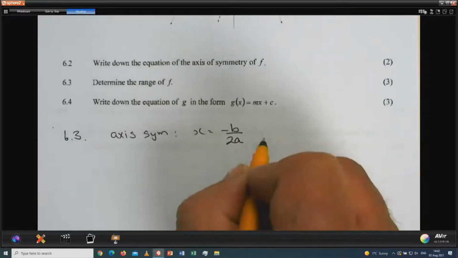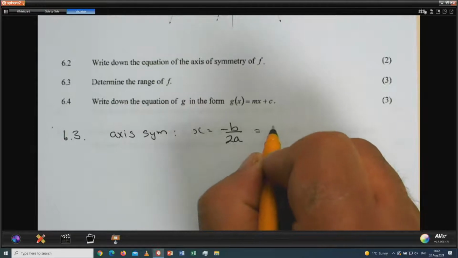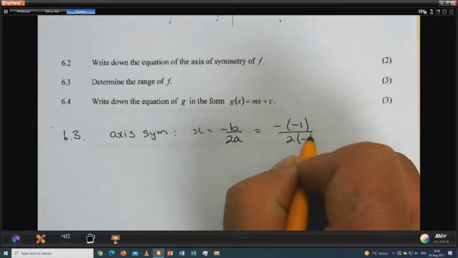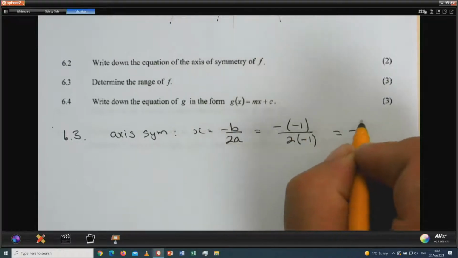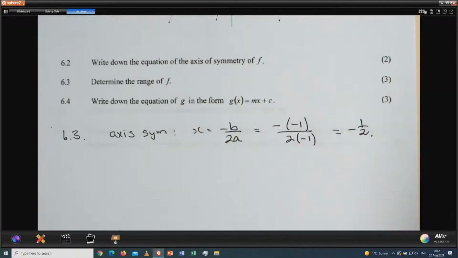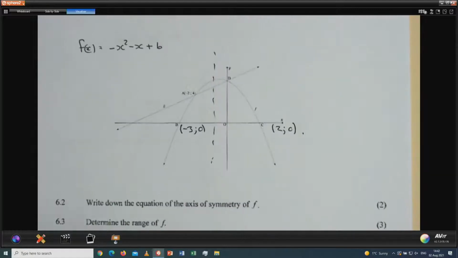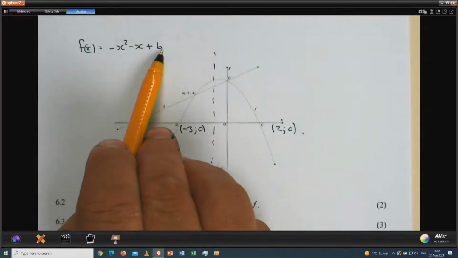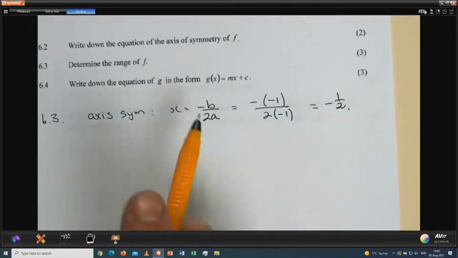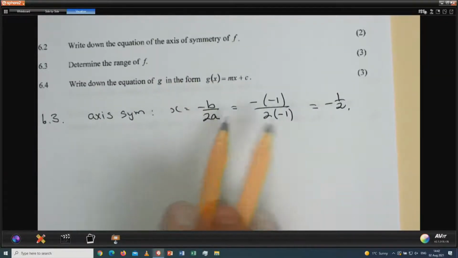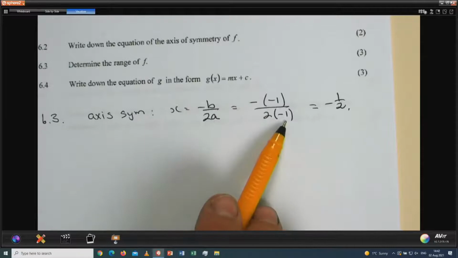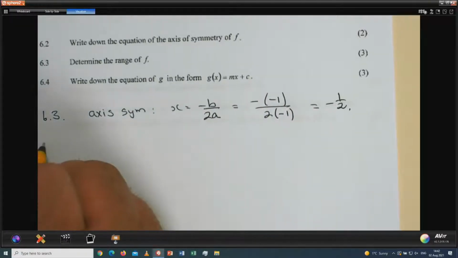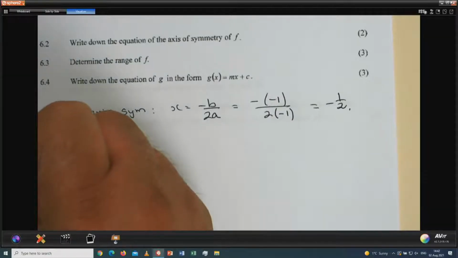Your b value in this case is -1, so it's -(-1) over 2 times -1, which is negative a half. That's your axis of symmetry. I repeat, your a value is -1, your b is -1, and your c is 6. So I substitute into the formula and I simplify. Now, that is 6.2.